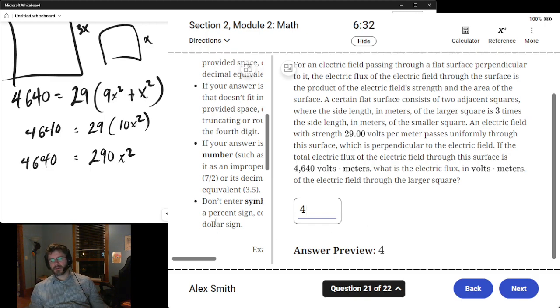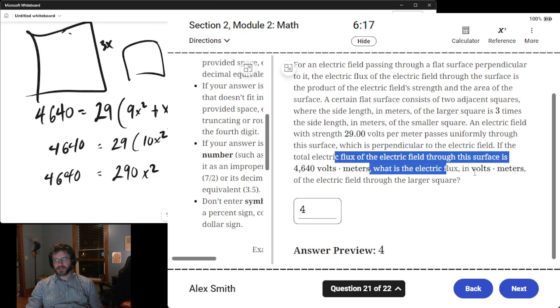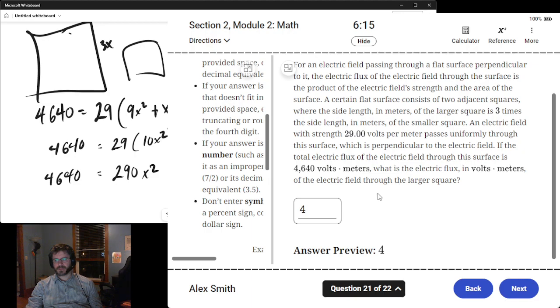That's not what we want, though. That's x. That's the side length of the squares. If the total electric flux of the field through this, what is the flux through the large square?